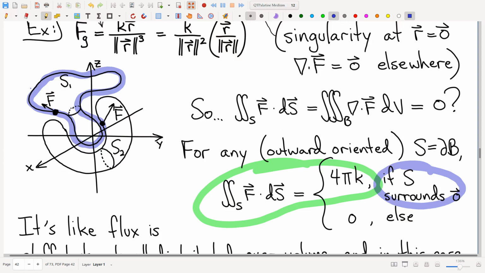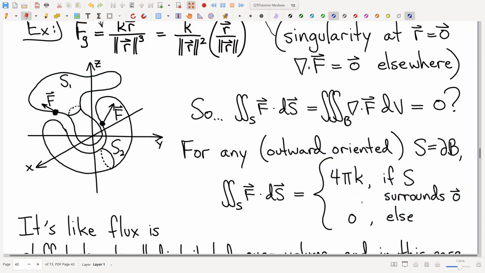Let this S here be, importantly, any sphere centered at the origin. And just crank out this calculation, and you'll get 4 pi k. As always, come talk to me in office hours if you get stuck, have any questions, or are not sure how to get started.